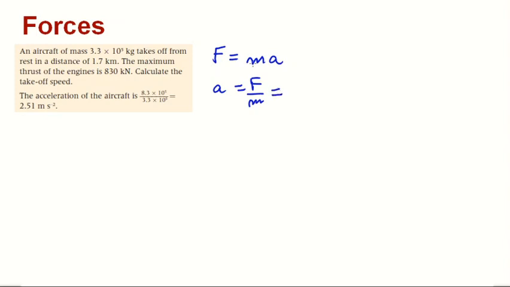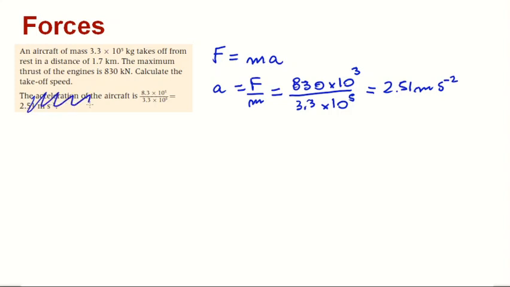Now force is 830 kilonewtons, kilo is 1,000, so times 10 to the power 3, divided by my mass, 3.3 times 10 to the power 5. If you divide those two, then you get this result, which is the acceleration. That would be the first thing that we would calculate.